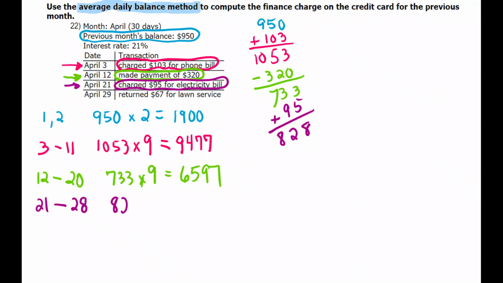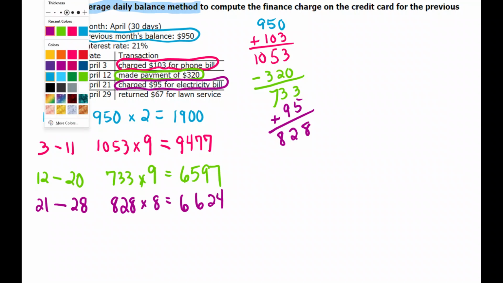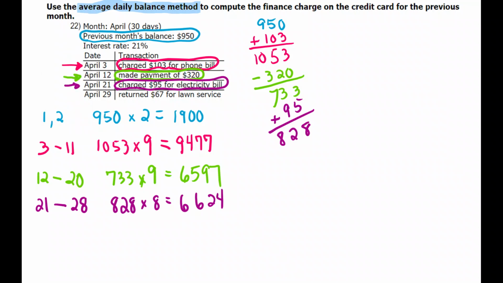Now my balance is at $828 for the 21st, 22nd, 23rd, 24th, 25th, 26th, 27th, 28th. That is 8 days. Yeah, 1st through the 8th. 8 days. Okay, and so 8 times 828 is 6,624.